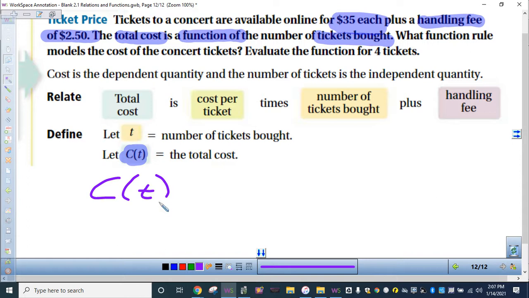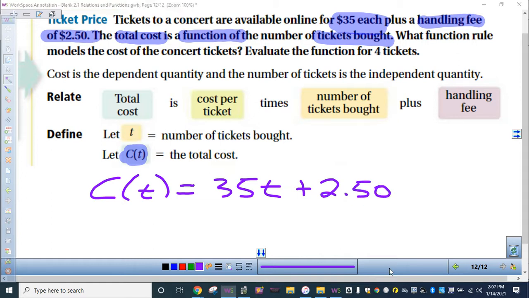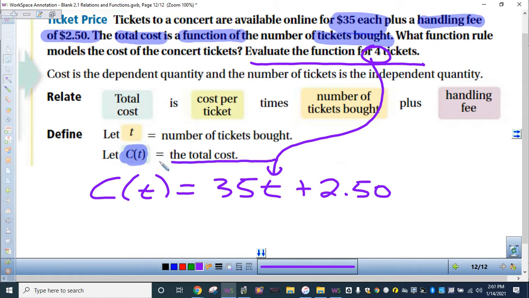Each ticket costs $35, so you get 35T. One-time handling fee of $250, so you just add 250, 2.50. You don't have to have the zero even. That's your equation. It says evaluate the function for 4 tickets, so we take that 4 and plug it in right here and right there to see what we get.